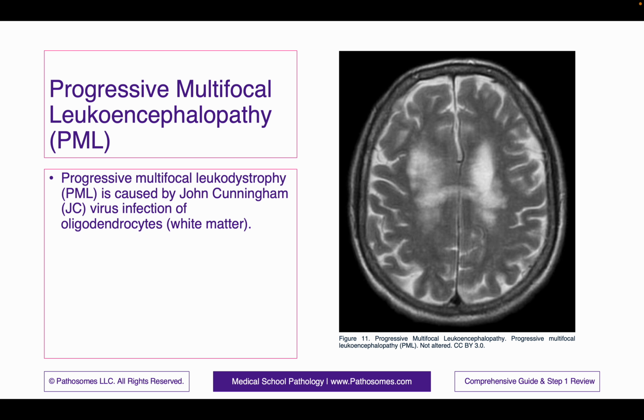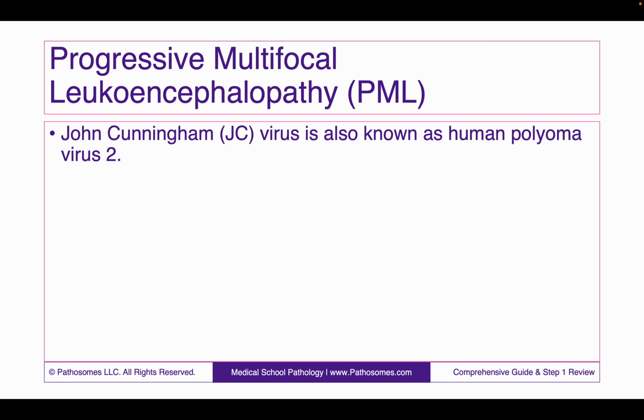To the right, we have imaging from a patient with progressive multifocal leukoencephalopathy. It is due to JC virus. That's a must know. And JC virus is also known as human polyomavirus 2.